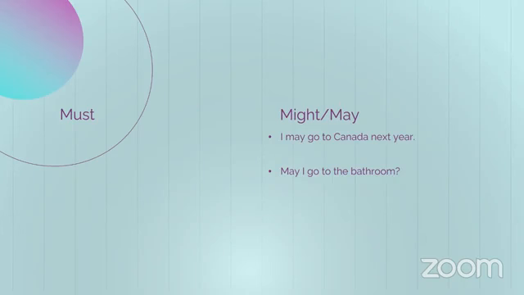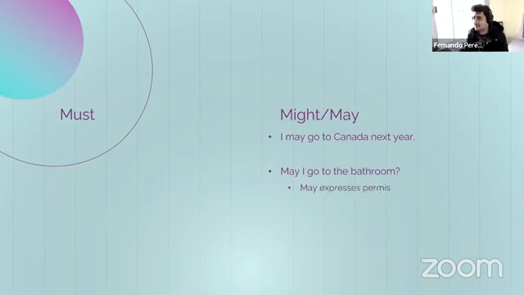May is like permission. Good. In which example? In the first or the second? In the second, may I go? Exactly. May expresses permission as a question, because as an affirmation, it is not.